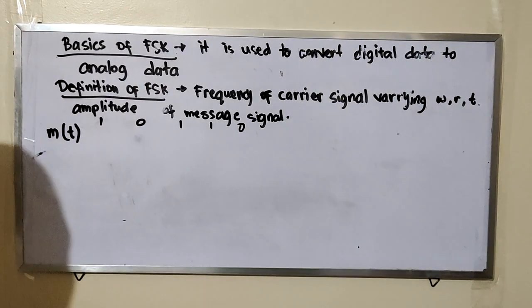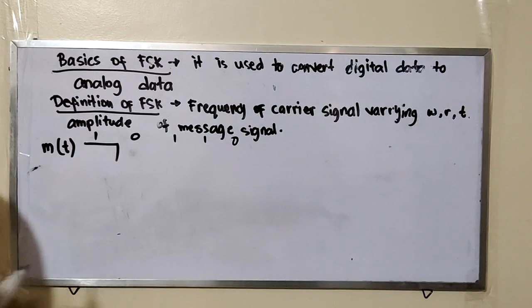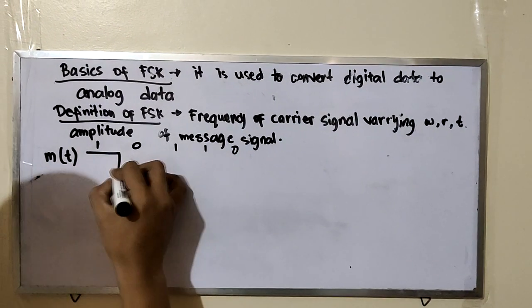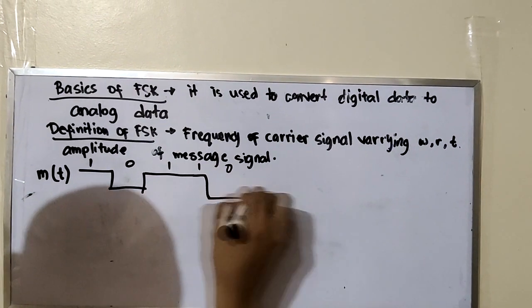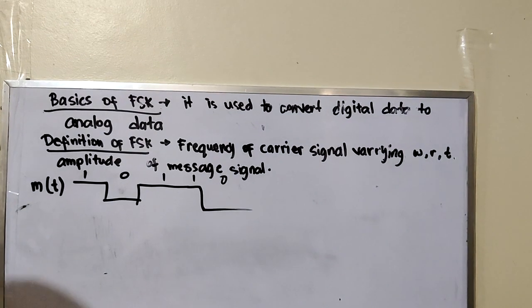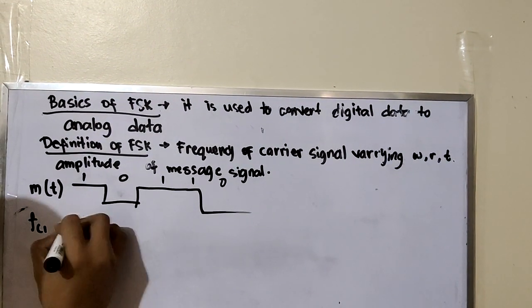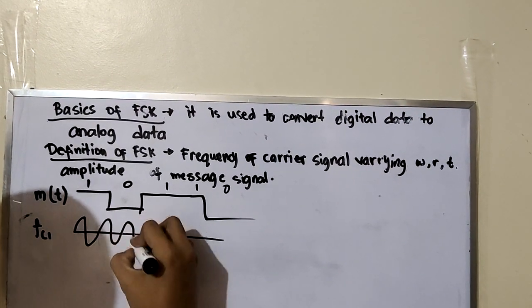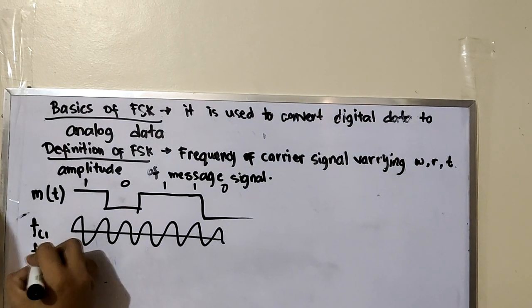High amplitude is 1, low amplitude is 0, 1, 1, and 0. And FC1, for example, meron tayo ditong FC1, and then FC0 natin.